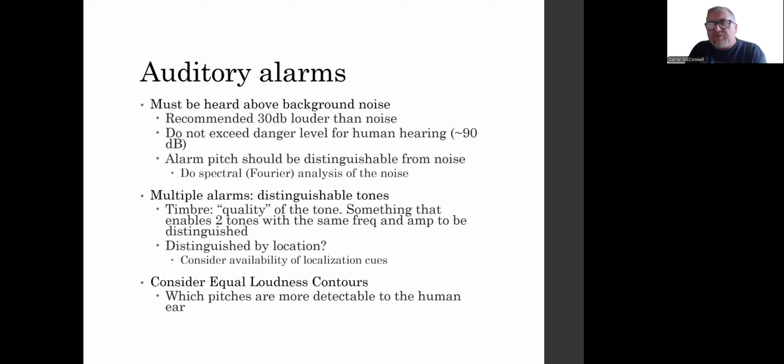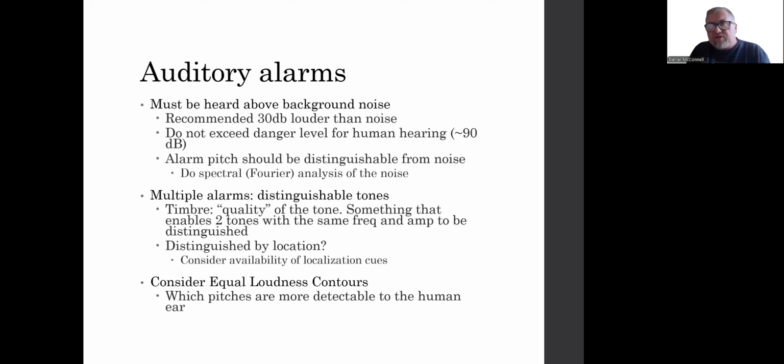And as I noted before, we want to make sure that the pitch of our warning tones is distinguishable from the noise. So if we do that spectral analysis of the noise, we will know what that is. It's also important to keep in mind here that there are many environments where we might need to deal with multiple alarms. A typical example of this is a hospital or medical setting.